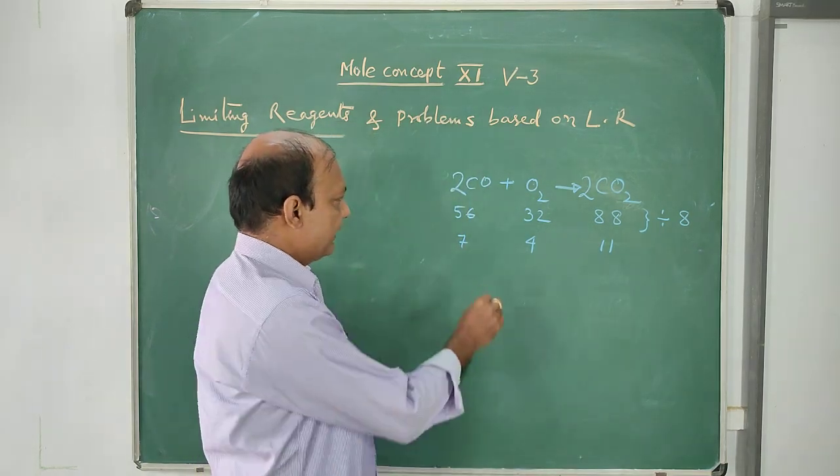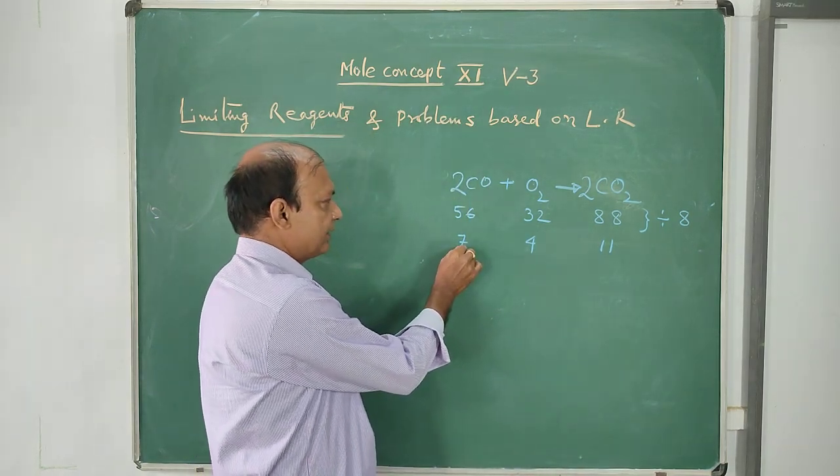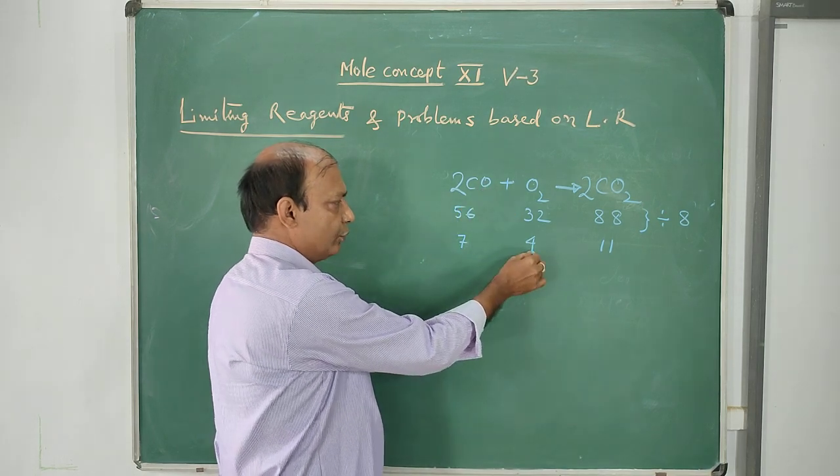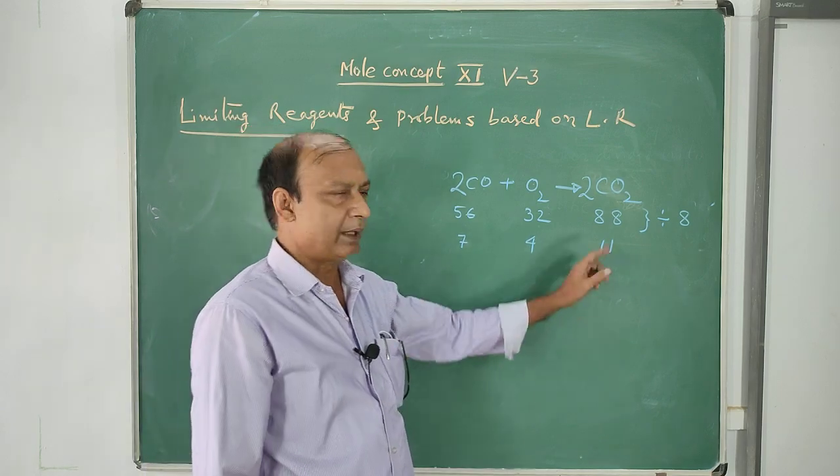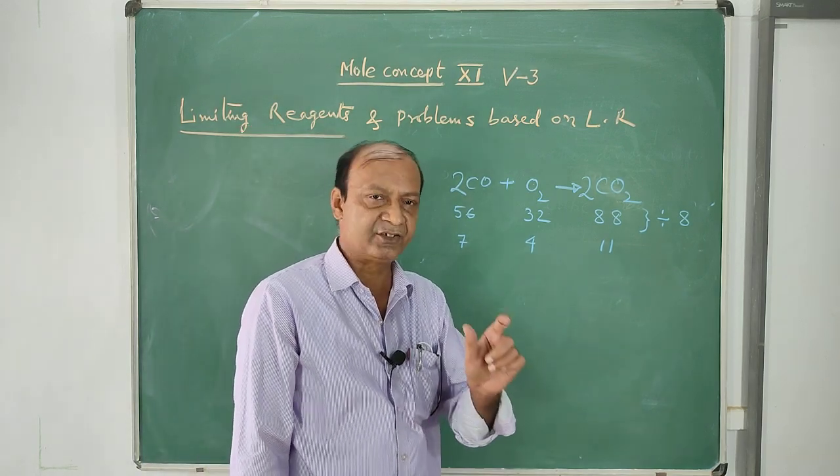Now if you allow 7 gram carbon monoxide to react with 4 gram oxygen exactly, you will get 11 gram carbon dioxide exactly.